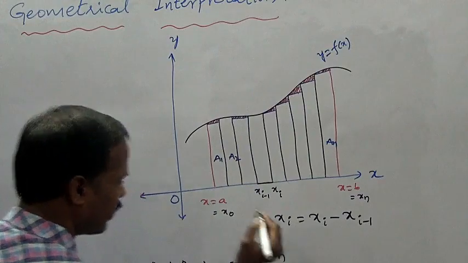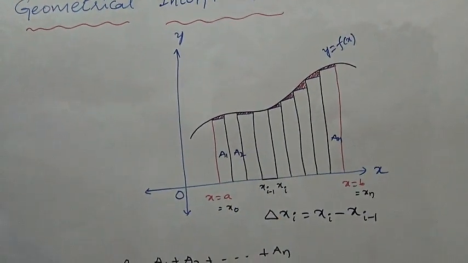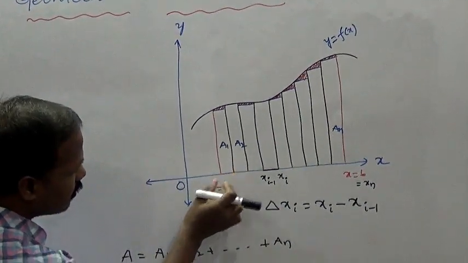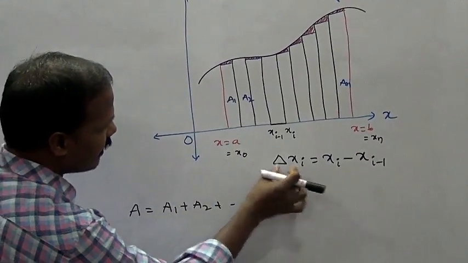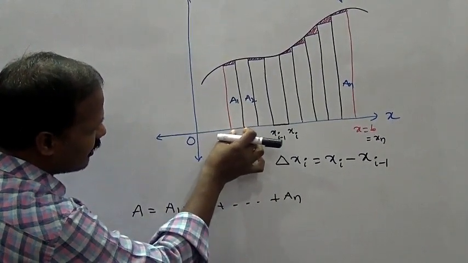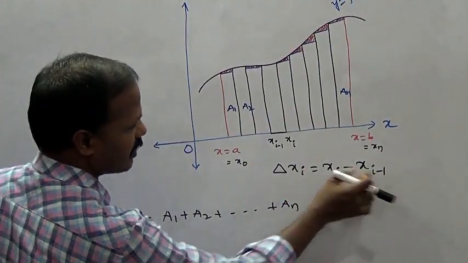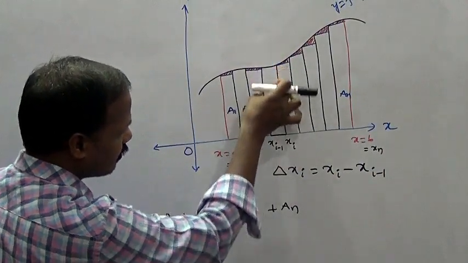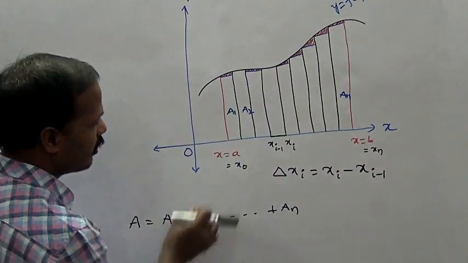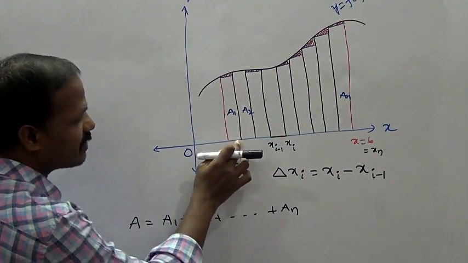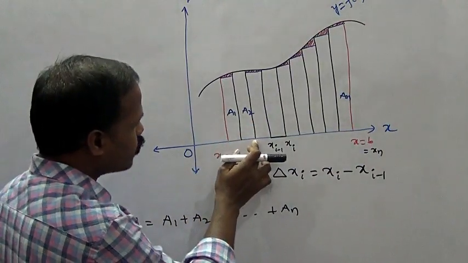Yes. Now what is the area of this one? See, delta xi, that is the length, the difference of this. That means this length is xi minus xi minus 1 in a particular rectangle. Okay na? So this is x1 minus x0, this one x2 minus x1.